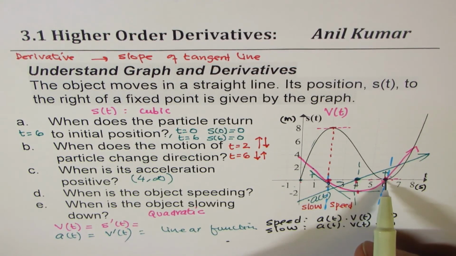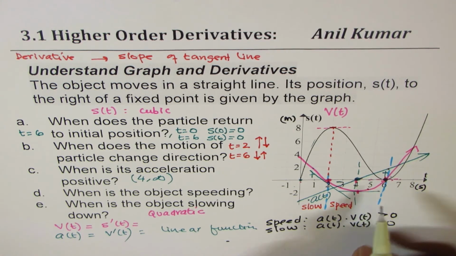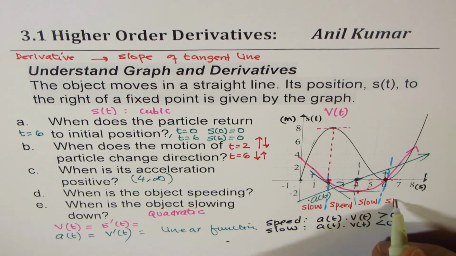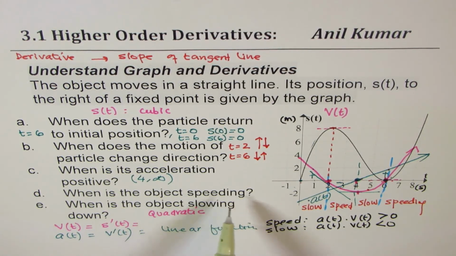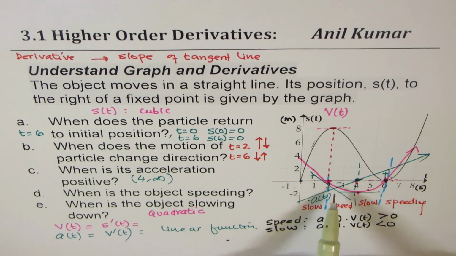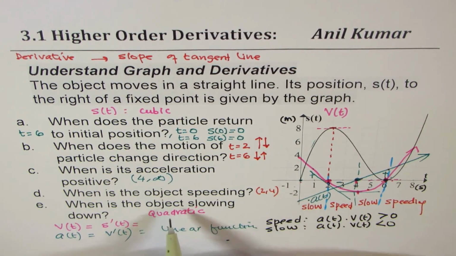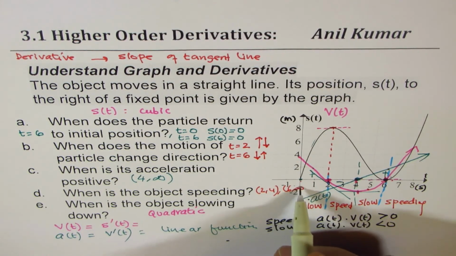From 4 to 6, acceleration becomes positive, velocity is still negative, so it is slowing down. And after 6, both are positive, so it is speeding. So when is the object speeding? The object is speeding in the interval from 2 to 4, and after 6, we can write 6 to infinity.